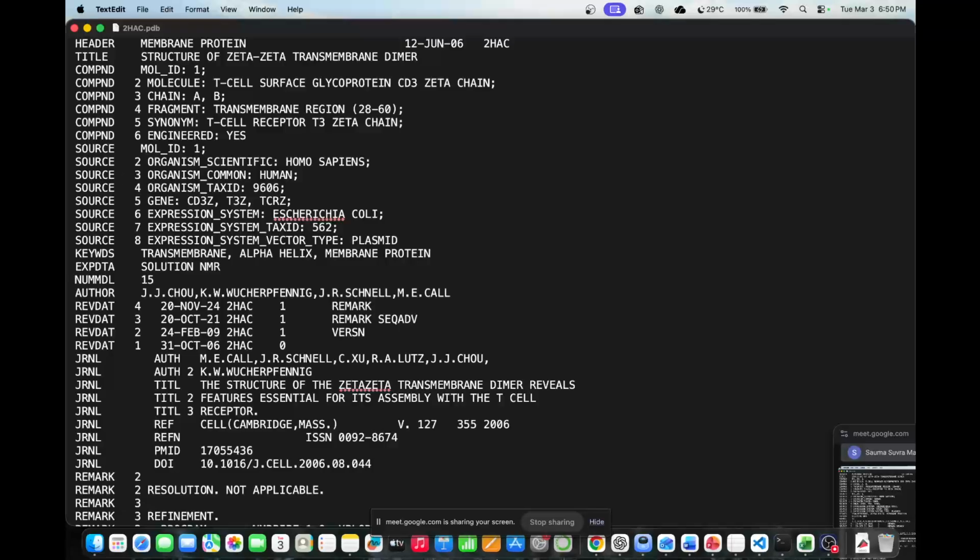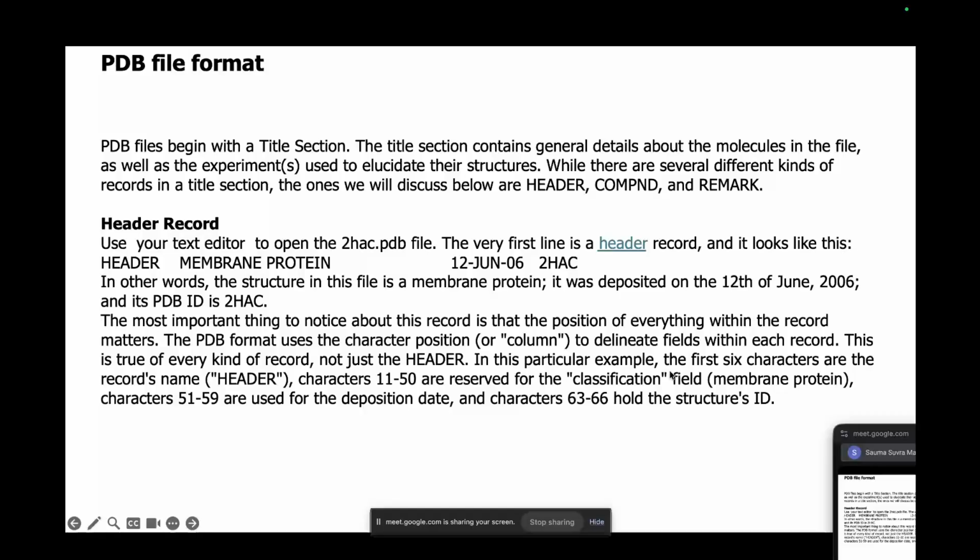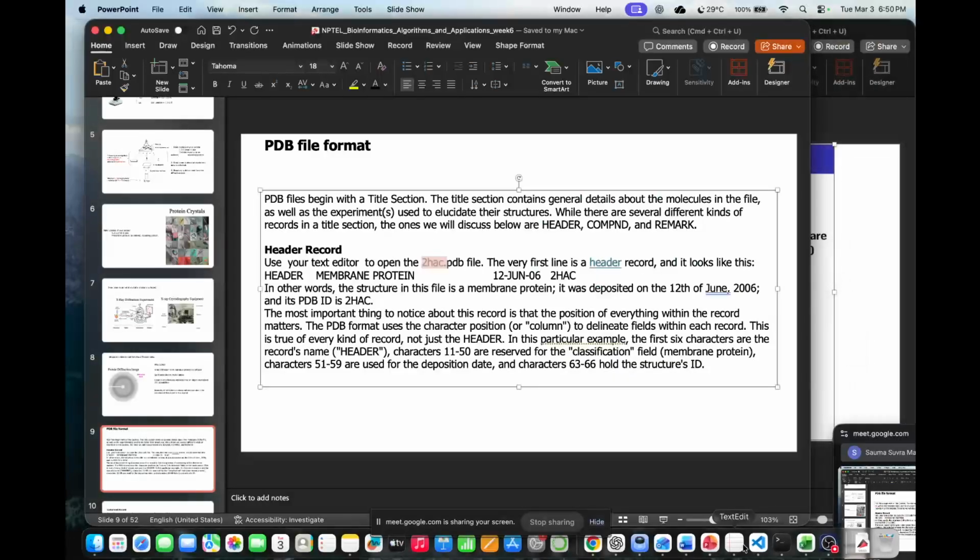Okay. So now we're going to discuss the different annotations inside the PDB file, what each of these annotations mean, and how you should interpret them. It begins with a header section, as I was showing.